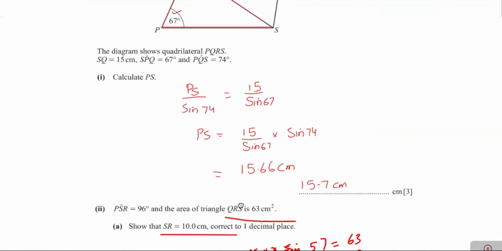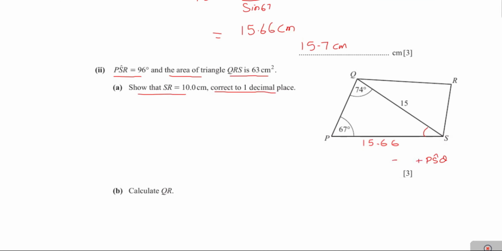Part second: angle PSQ plus 74 plus 67 equal to 180. And so PSQ will be equal to 180 minus 141, and this angle will be equal to 39 degrees.